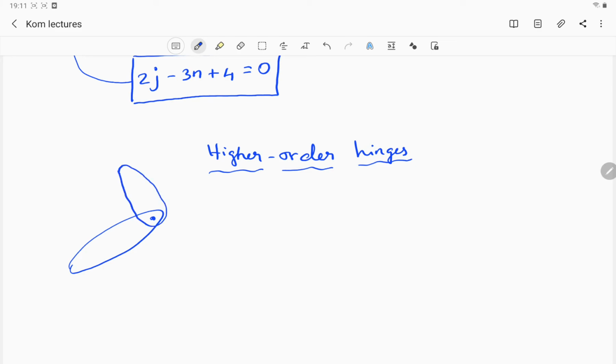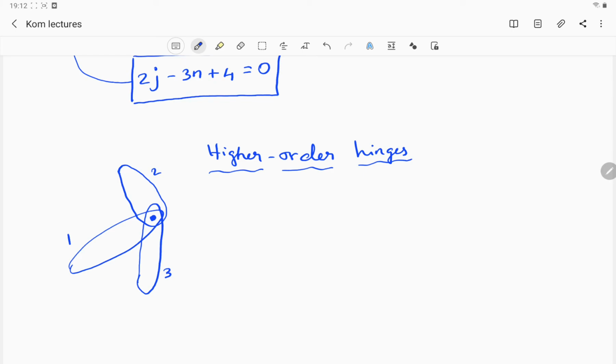And at the same point, using the same hinge, a third link has also got connected. Now let's say this is link 1, this is link 2 and link 3. Now whether we should count this as connection of one hinge or two hinge.